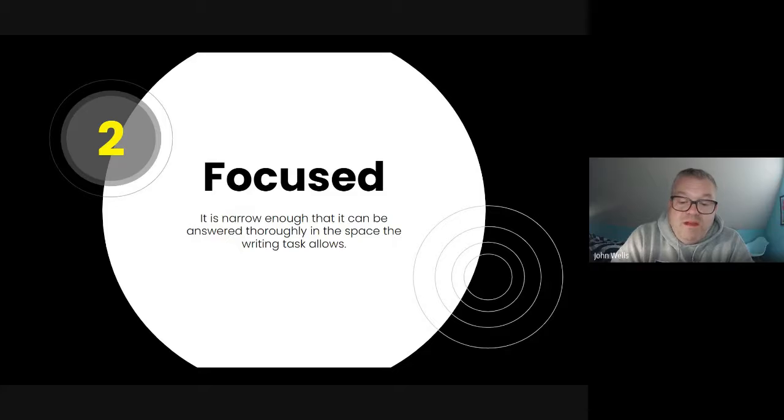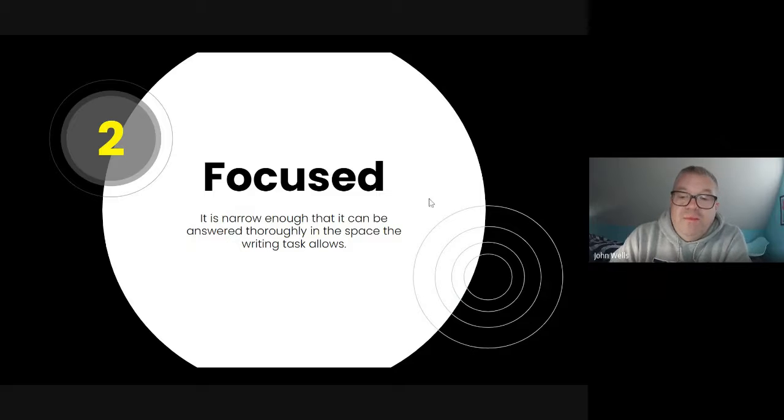Then we need to be very focused. We have to be a little bit careful with this because it's narrow enough that we can actually answer it, right? We have a certain amount of space that we're going to be writing. We have a research question that's focused enough that I will be able to answer that question in this amount of space. Now, we don't want it to be too focused, in that it's too simplistic or too easy or we really haven't got to the heart of the problem yet, but we don't want it to be too broad because we only have a certain amount of space to write.